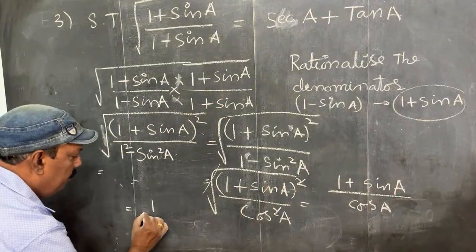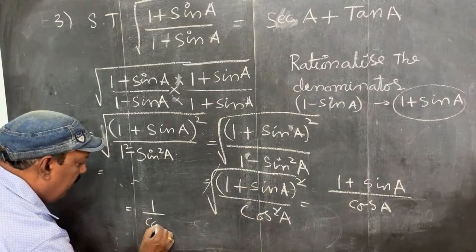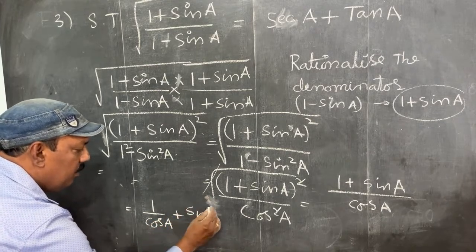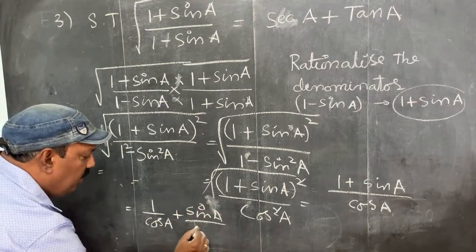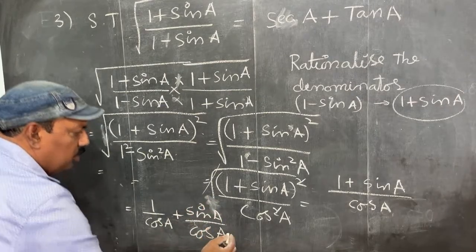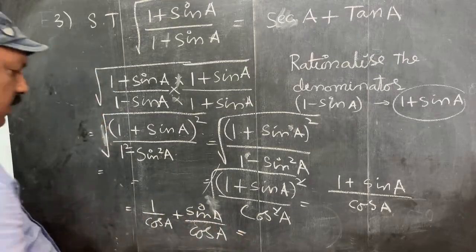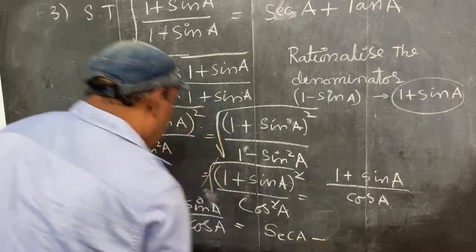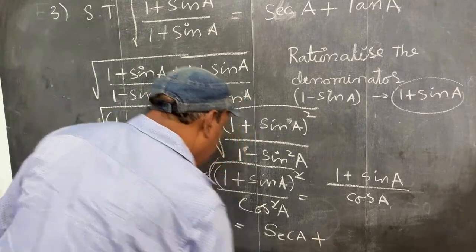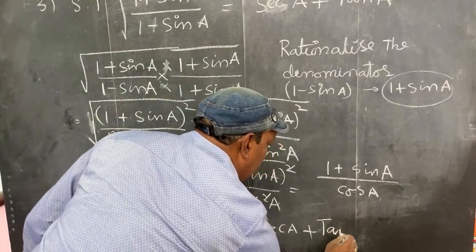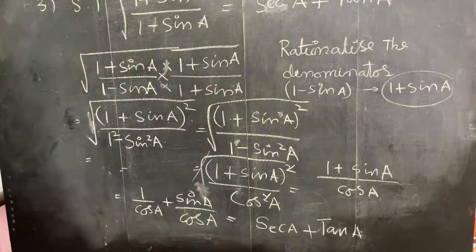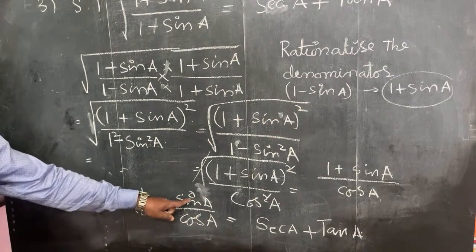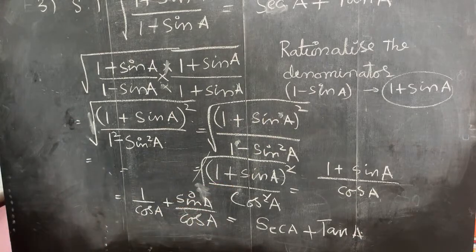So 1 by cos A plus sin A by cos A. So 1 by cos A is nothing but secant A, and sin A by cos A is nothing but tan A. So whatever we got, we can check here: 1 by cos A is secant A, plus sin A by cos A is tan A. So that is the final solution.